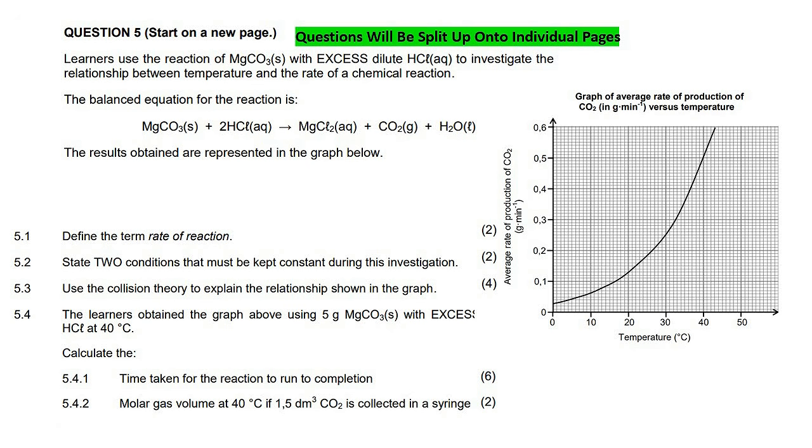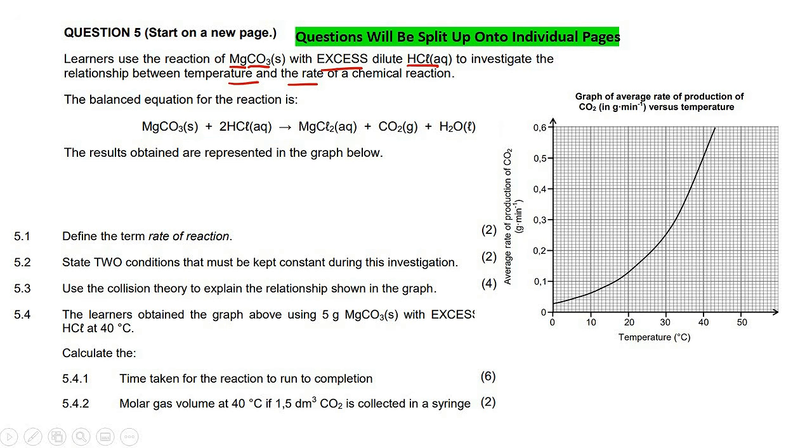It says that learners use the reaction MgCO3 with excess HCl to investigate the relationship between temperature and rate of a reaction. And then here is the equation or the reaction that is taking place.